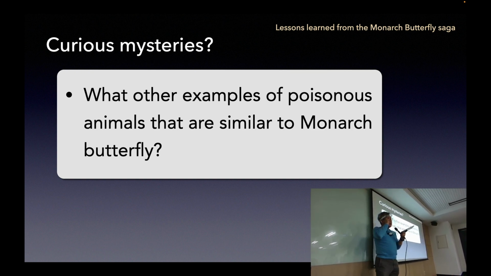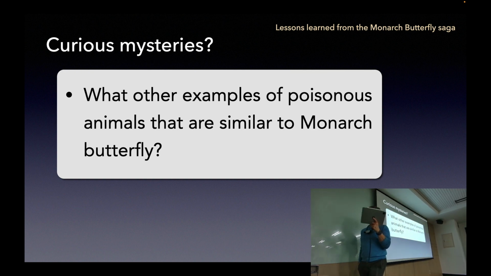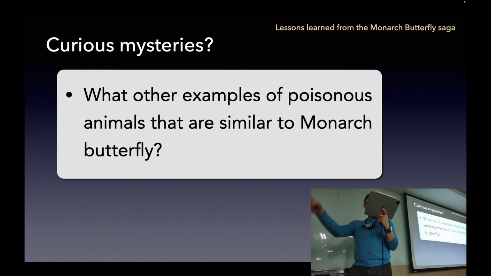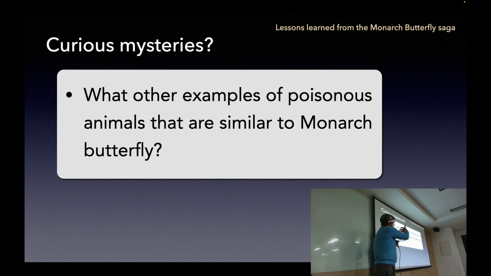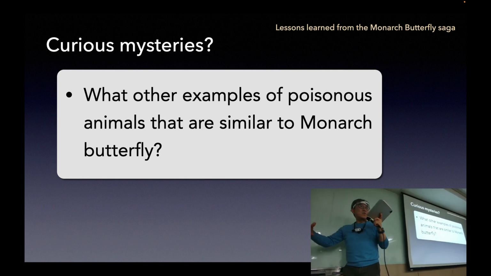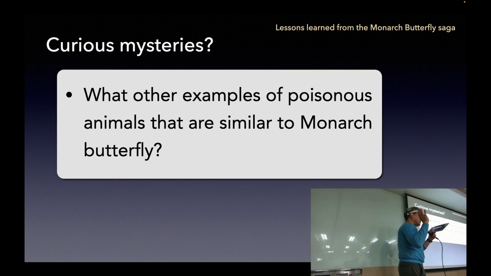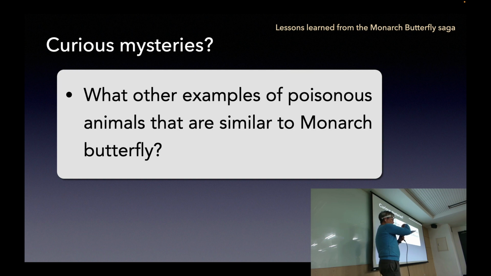This one is going to be one of the potential subjects of your midterm exam. Write this down. The monarch butterfly carries this poison, and the way they obtain the poison: is this the only example on Earth, unique to the monarch butterfly, or can you find any other similar examples out there?